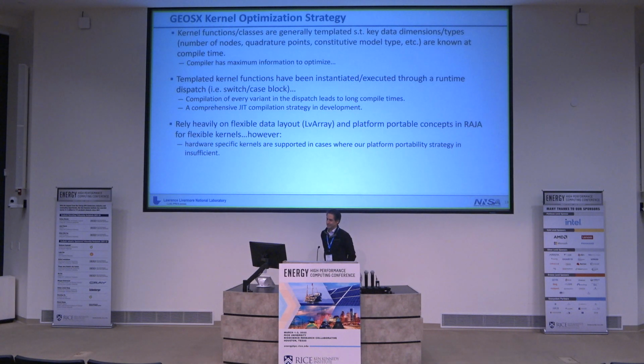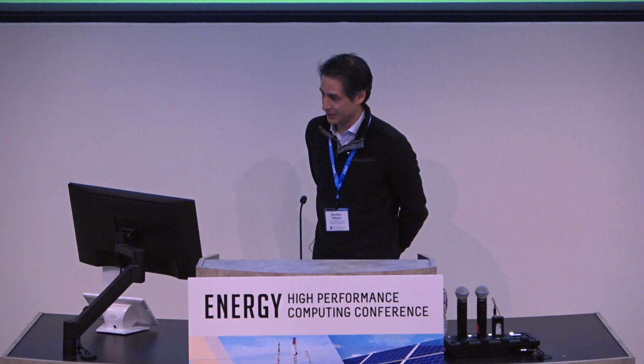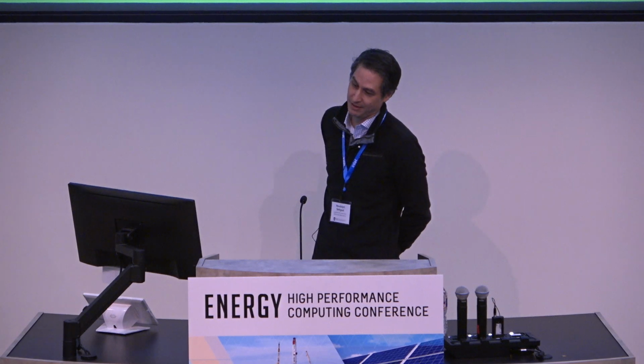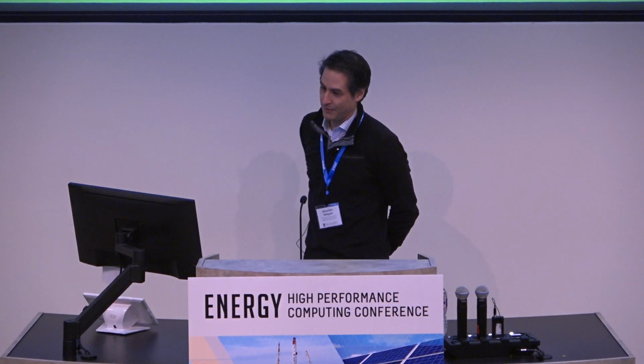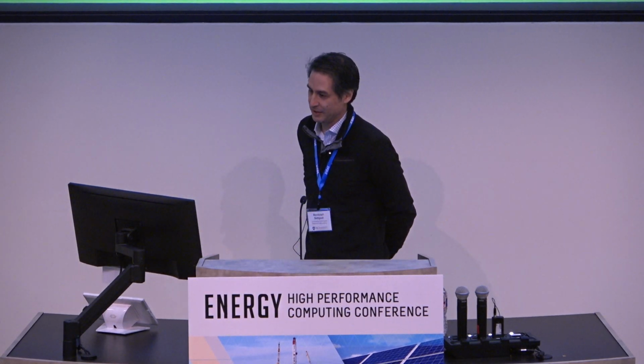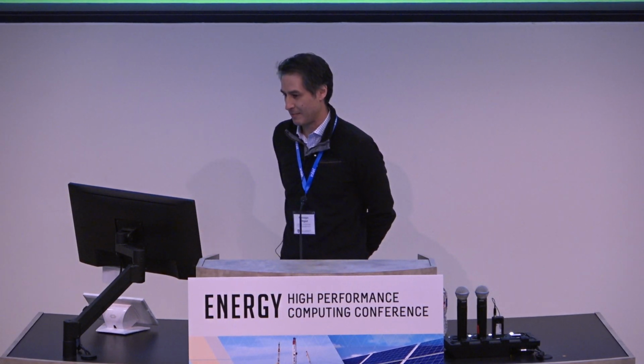Now, this leads to a bit of a problem where we have all these template instantiations. As a temporary solution, we instantiate all of our templates through runtime dispatch. So it's essentially a glorified case switch block, where you have to compile every variant in the dispatch, and that leads to long compile times.